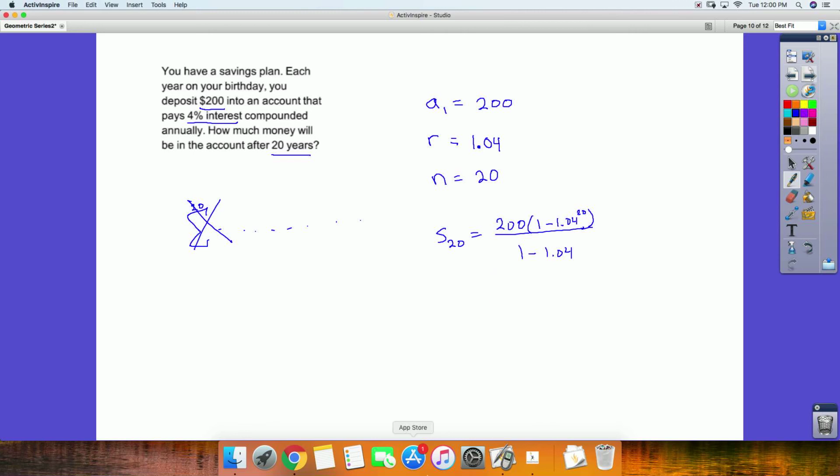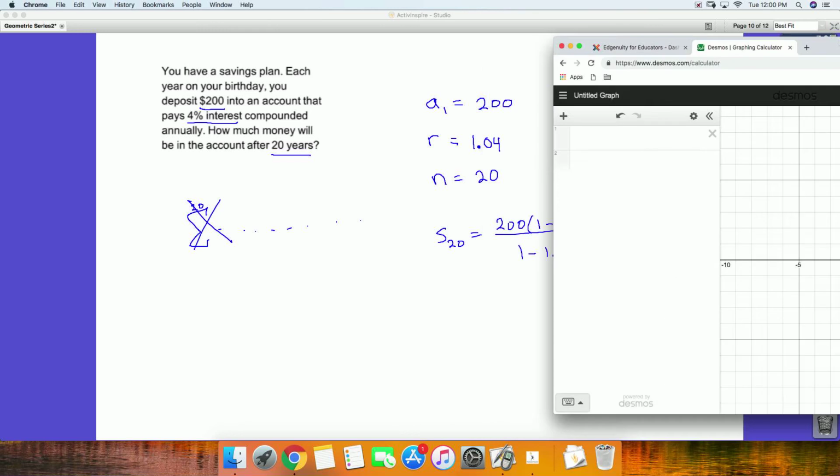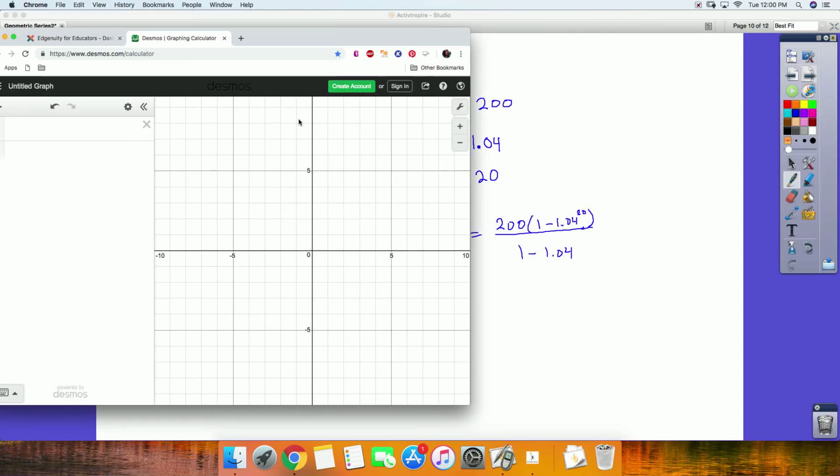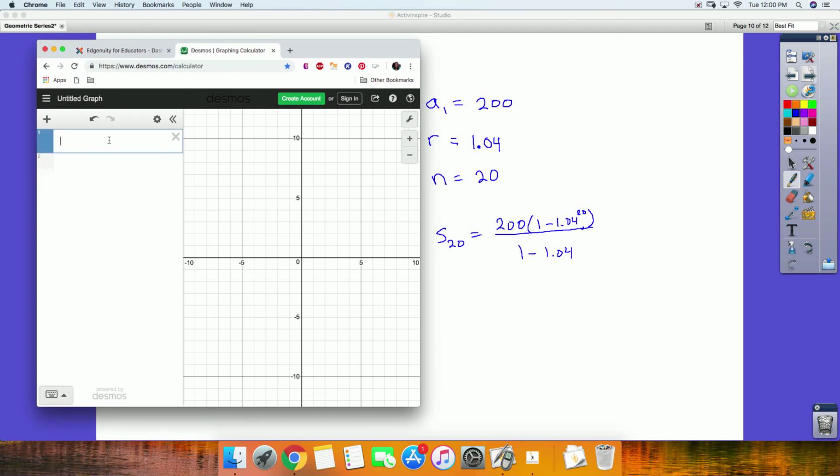So this is another good one to just plug straight into Desmos. I'm starting with my division: 200 times 1 minus 1.04 to the 20th power, because it's 20 years, all over 1 minus 1.04.